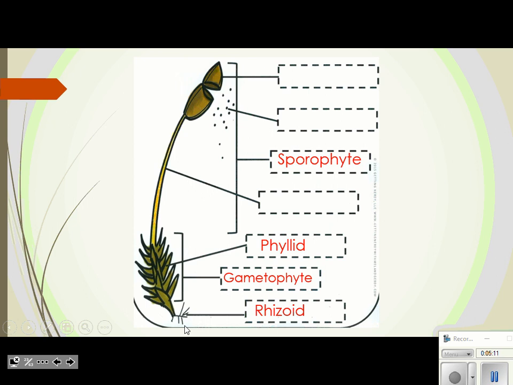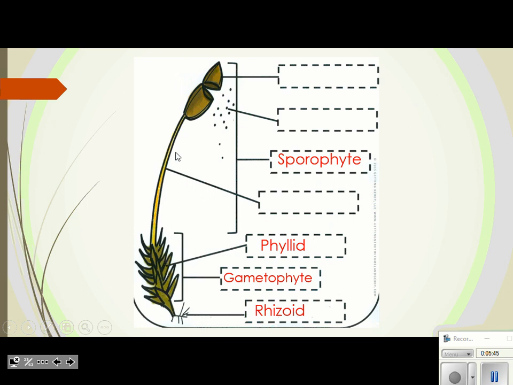And remember with these plants, folks, we talked about how they need to be very close to the ground. Why? So they can get water and nutrients. Remember, they do not have the tubes necessary, the xylem and the phloem, to transfer anything up or down. So they have to be pretty close to the ground. So the makeup of this gametophyte is the phyllids and the rhizoids.